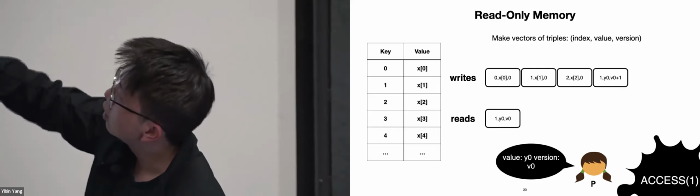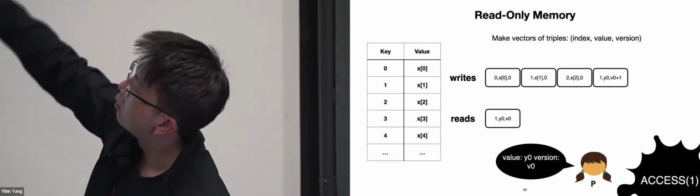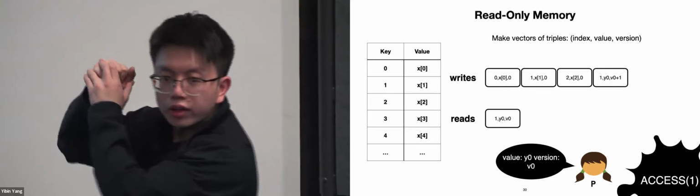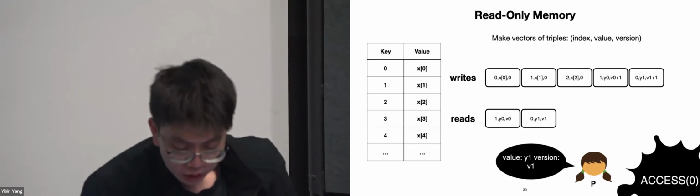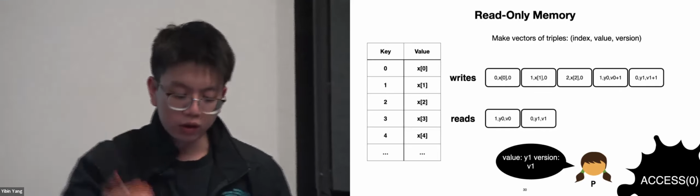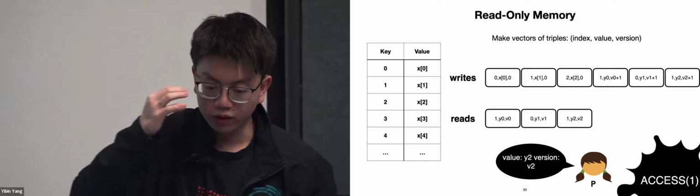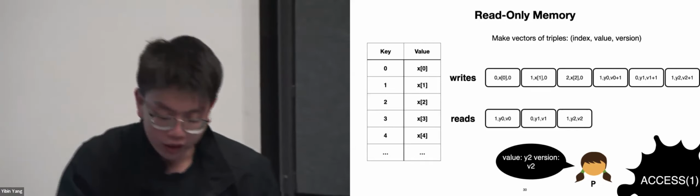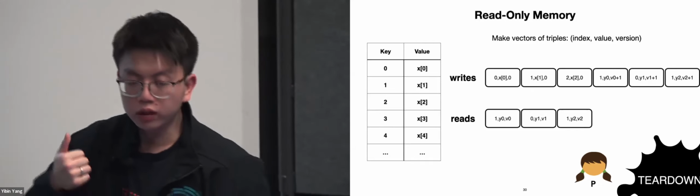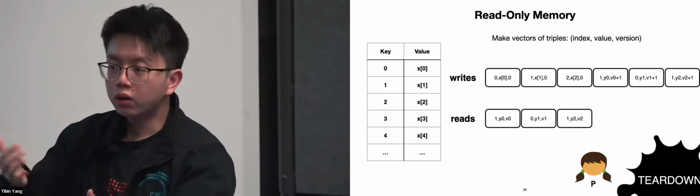Simultaneously, we write back to the writes array with version plus 1. We consume version 0 on the writes array, and we create a new version v0 plus 1. Similarly, you can do an access for index 0, and maybe the next one you also access index 1.